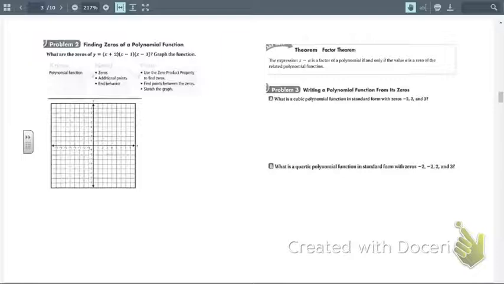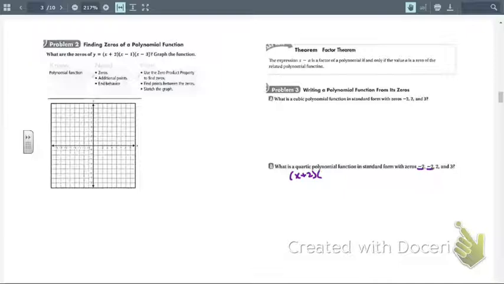Okay, part B. What is a quartic polynomial function in standard form with the zeros negative 2, negative 2, 2, and 3? Alright, so let's take the zeros and write the factors. Our first zero is negative 2, so that means we have a factor of x plus 2, since the opposite of negative 2 is positive 2.